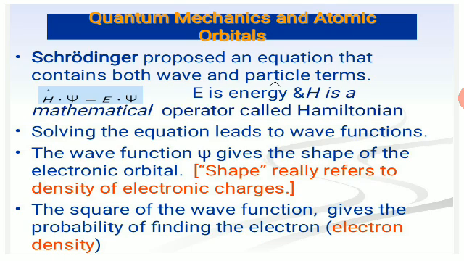Now the equation has been given in the form of the wave equation, H psi equal to E psi, where E is the energy and H is a mathematical operation called the Hamiltonian operator, and it gives the shape of the orbital.